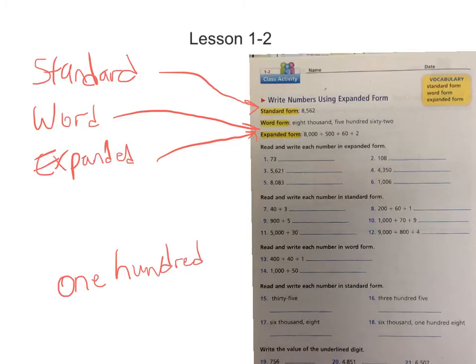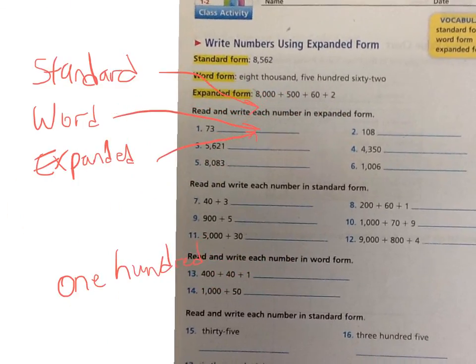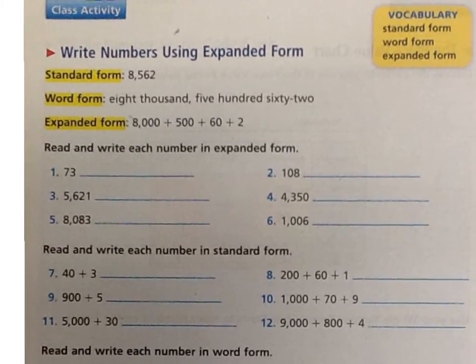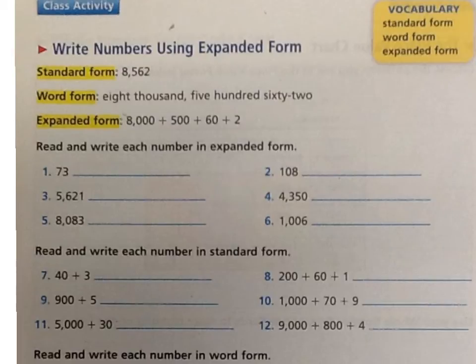You take them out. So on page 8, let me get rid of this real quick, you will see a number, 8,562. Okay? Standard form is, like it says, 8,562. Word form is 8,562, exactly what you're saying.